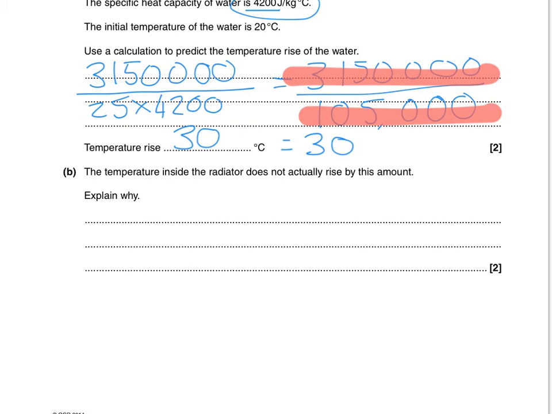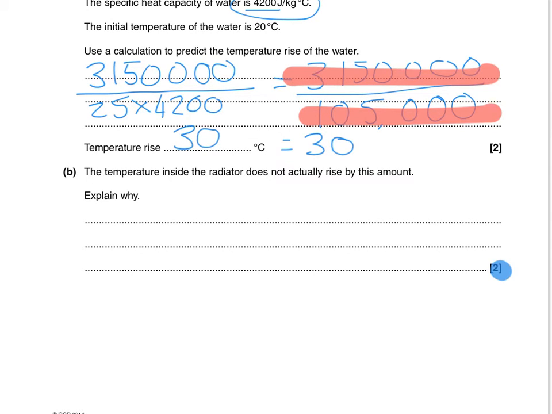On we go. The temperature inside the radiator does not actually rise by this amount. Explain why. So now we've got to start thinking about efficiency and what's going on, okay? To get our 2 marks, we need to basically explain where that energy is going. Either you can say that the energy is being used to heat the radiator, or you can say the energy is being used to heat the room, okay?